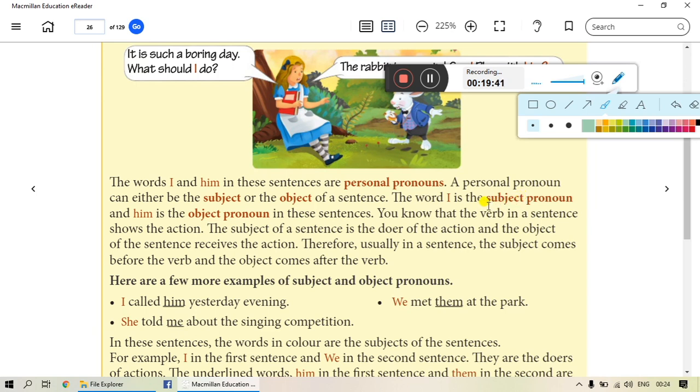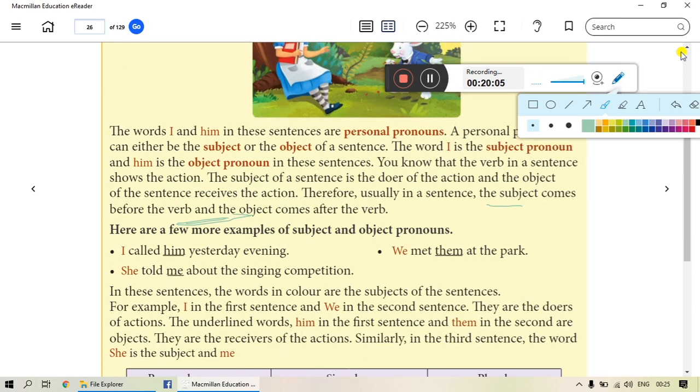According to that the person will become subject if he is the doer, and the person will become object if he is receiving something. Like in the sentence, I want to play with him, the action is being done on him and I is doing that action. Okay, let's move on. I hope it's clear to you.